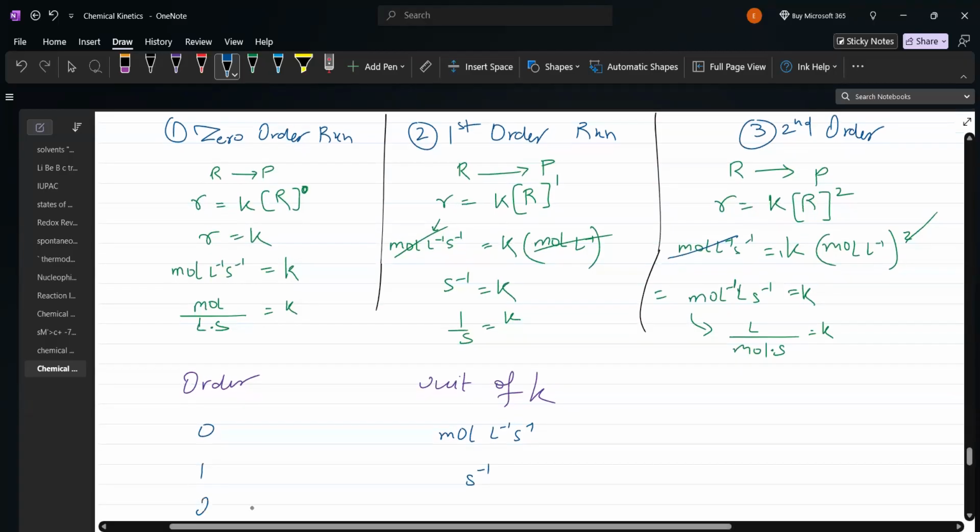If it is 2, then it is mole inverse liter second inverse.